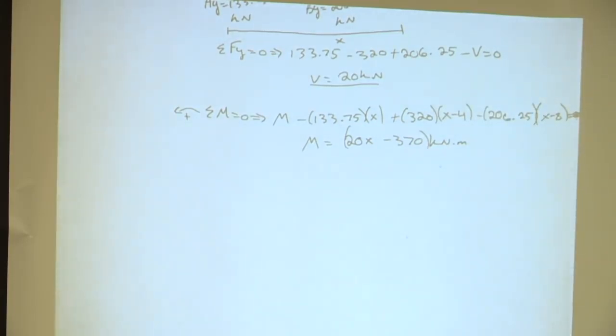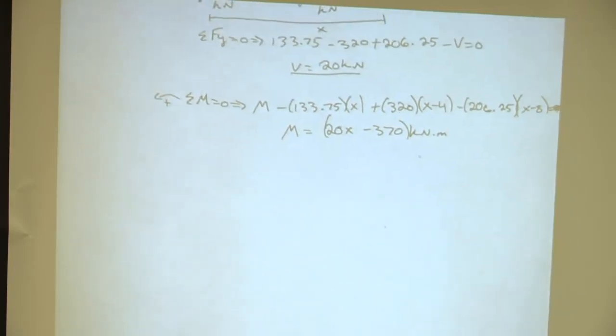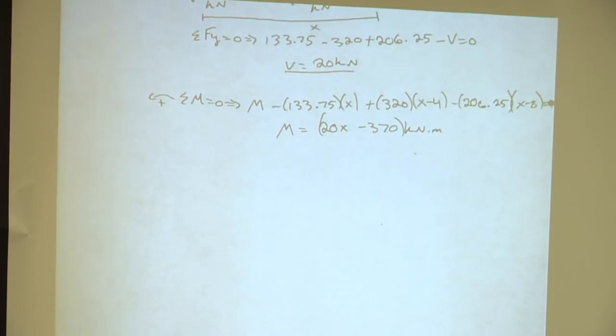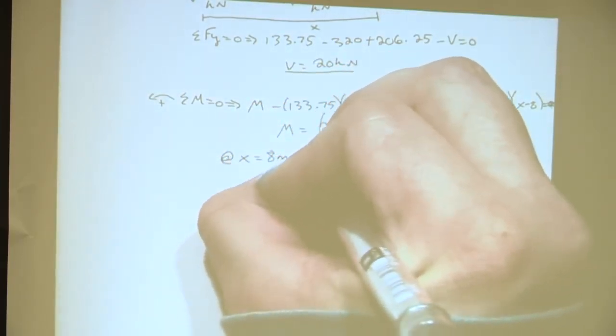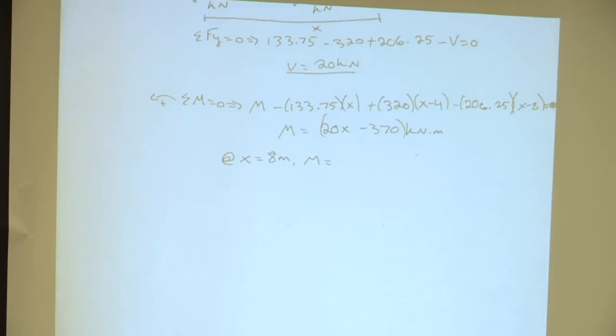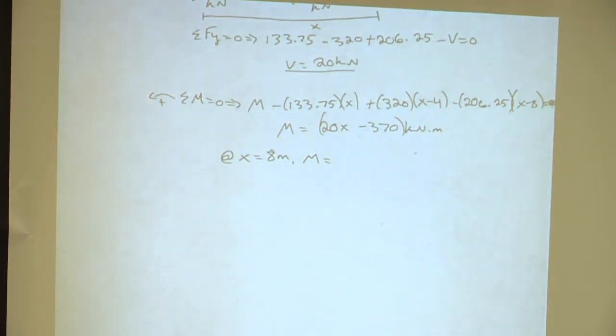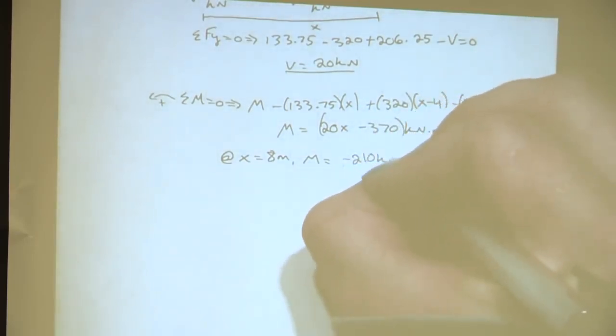Now, what do we need to do with this equation? Plug in 8 and 11. So at x equals 8 meters, what will M equal? So negative 210 kilonewton meters.